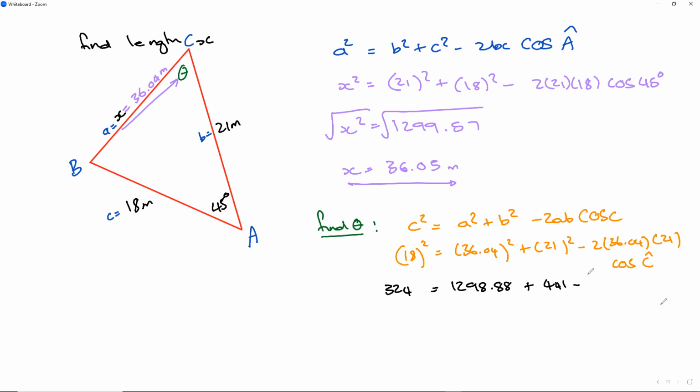So 2 times 36.04 times 21 is actually 1,513.68 cos angle C.